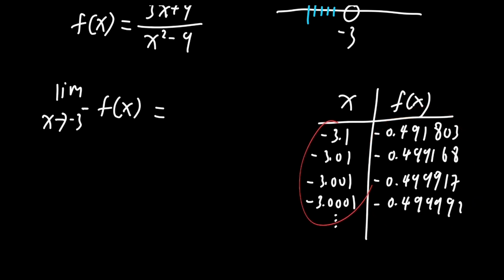As the x value gets closer to -3, the y value becomes larger and larger. You may see 0.4918 becomes 0.4991, becomes 0.4999, and becomes 0.49999. It becomes larger, but it seems like it wants to approach some number but never become that number.